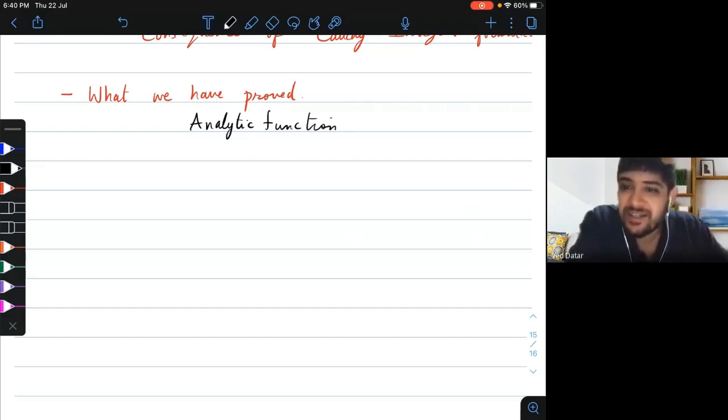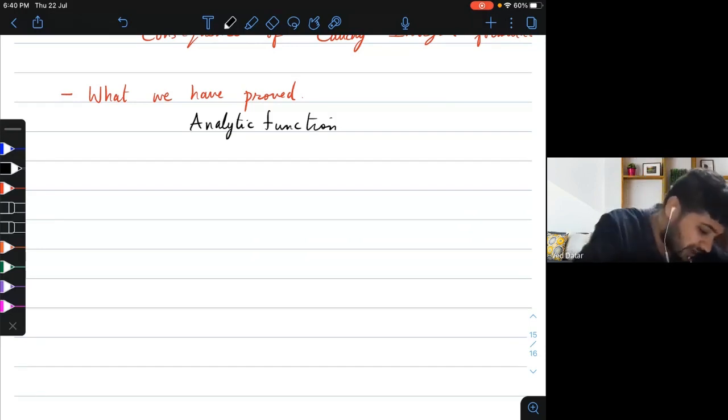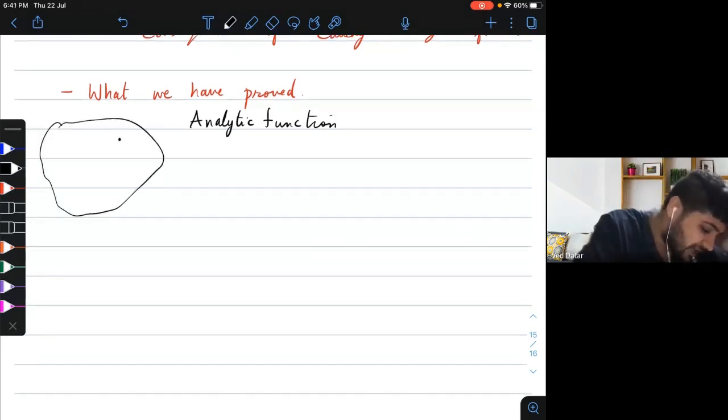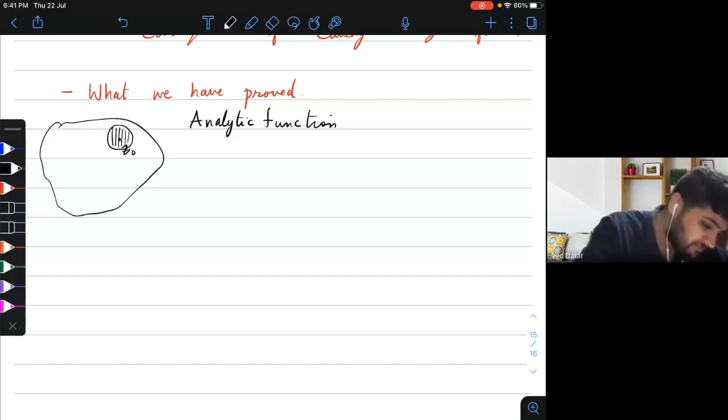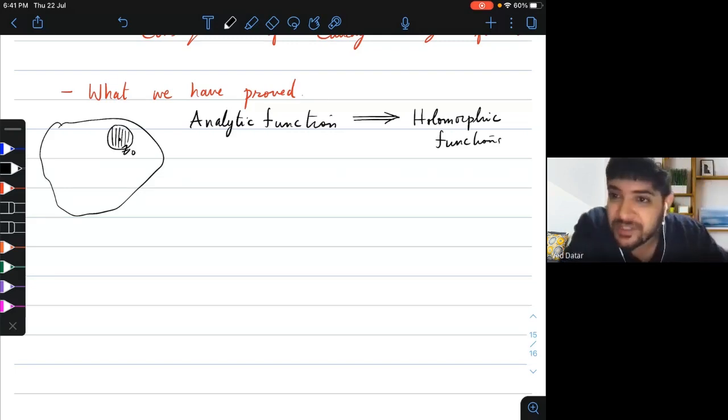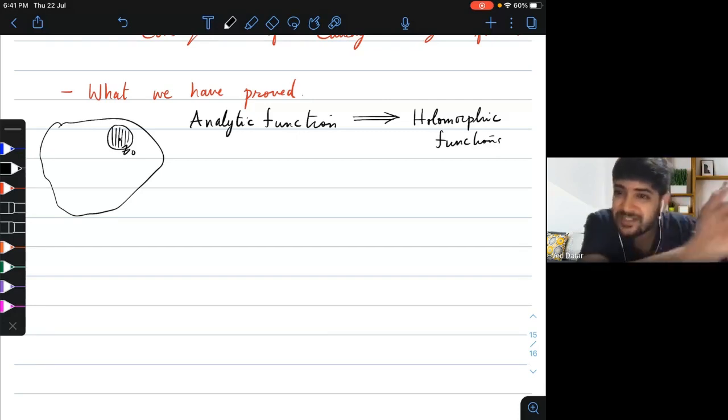Analytic just means that if you have an open set, given any point z0, it has a Taylor expansion in some neighborhood of z0. That is the definition of analyticity. But then we proved on Sunday that all analytic functions are automatically holomorphic. Holomorphic basically means that it's complex differentiable, that the limit of the difference quotients exists. So that's the difference between analyticity and holomorphicity. Is the difference between the definitions clear?